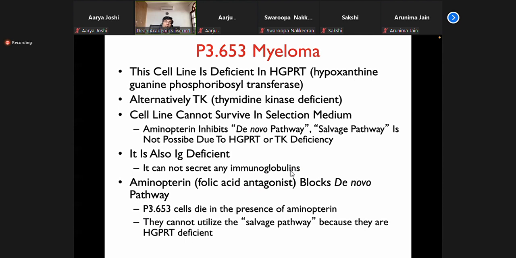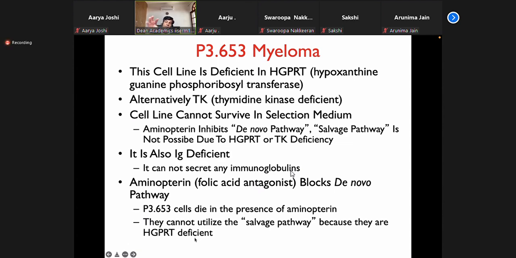So to summarize, these myeloma cells die in the presence of aminopterin. They cannot utilize the salvage pathway because they are deficient in this enzyme, right?